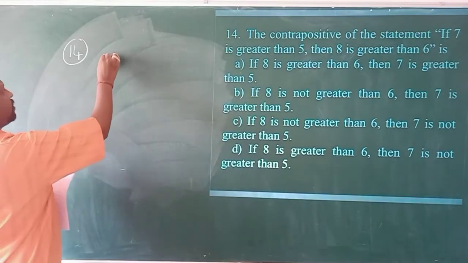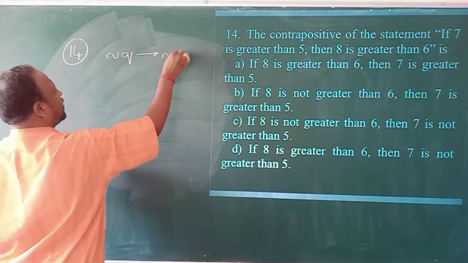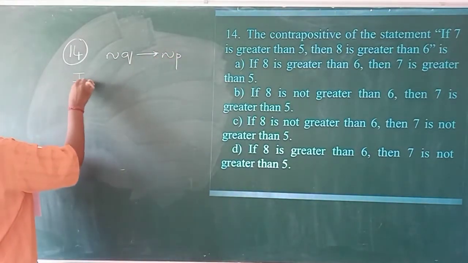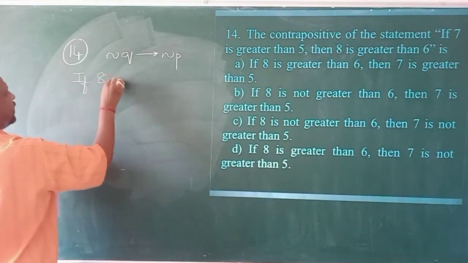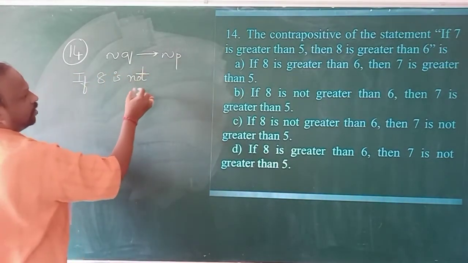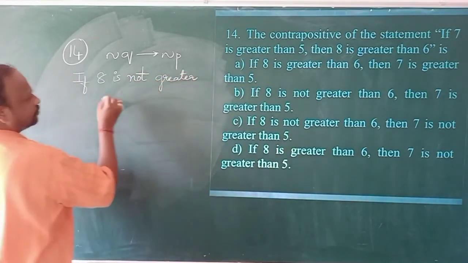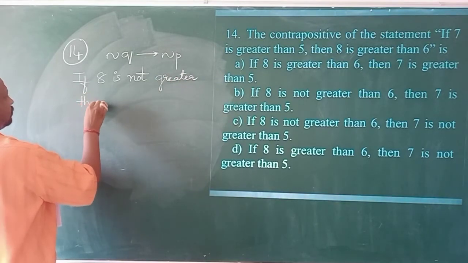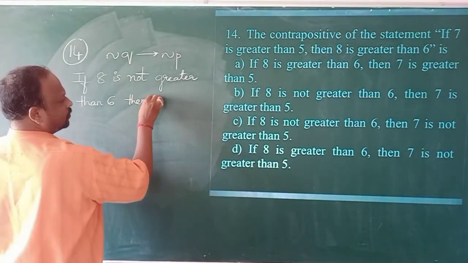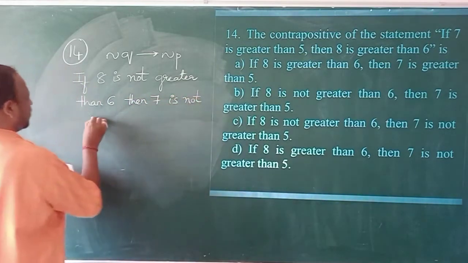The contrapositive is given by negation Q, then negation P. That is, if 8 is not greater than 6, then 7 is not greater than 5.